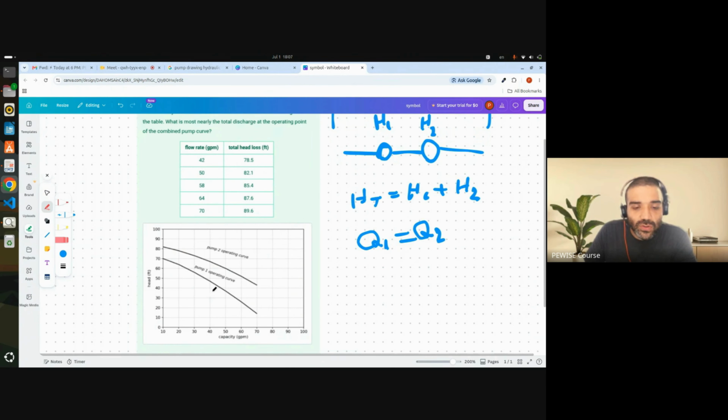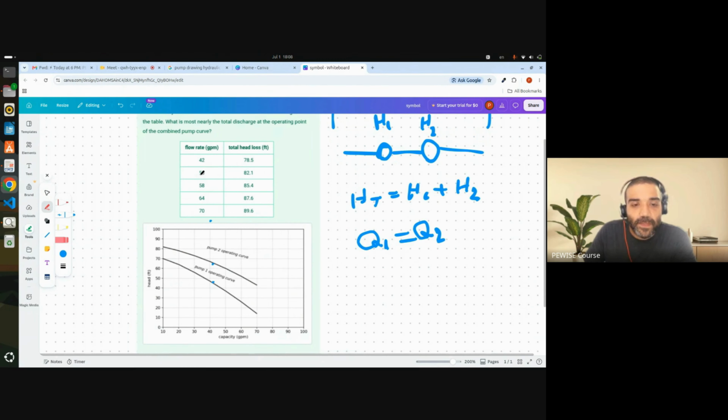At 42, this is the head added in the first pump, and this is the added head in the second pump. So let's say it's 47 and 65, 132. So it's some point here for the first point.